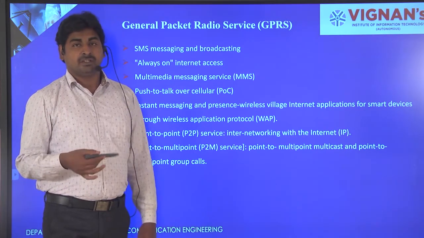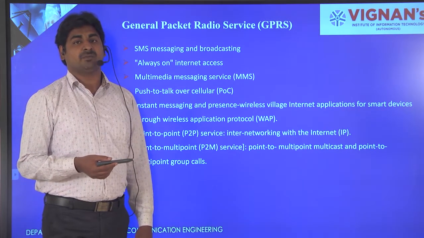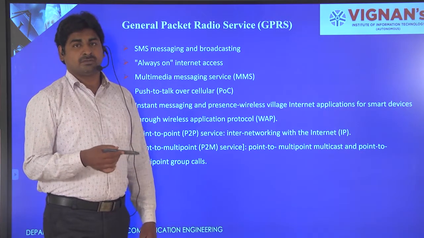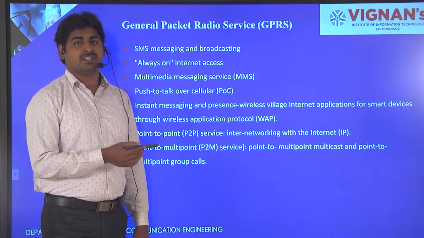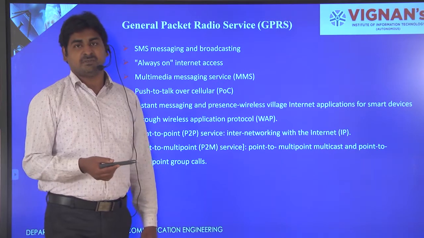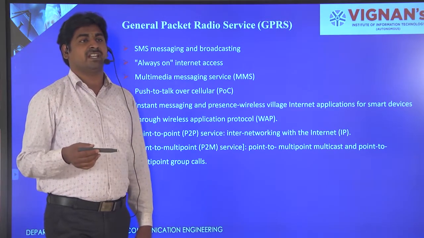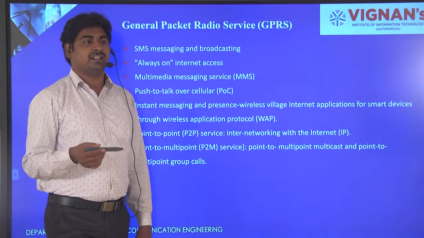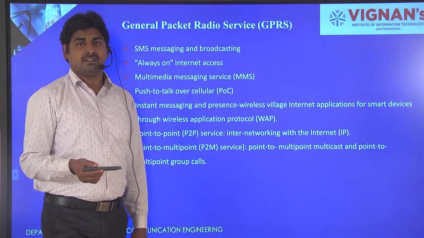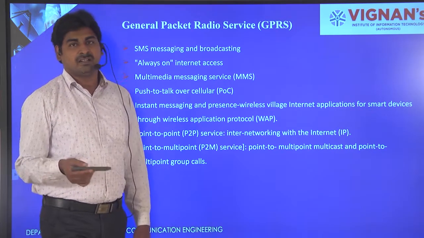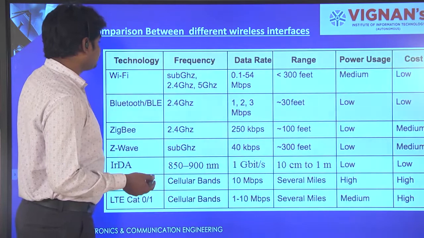We now have newer technologies in mobile communication; 2G and 3G are old. At present we are using 4G, where we can have higher data rates, and in the future we will get 5G also, where the data rates are further increased.